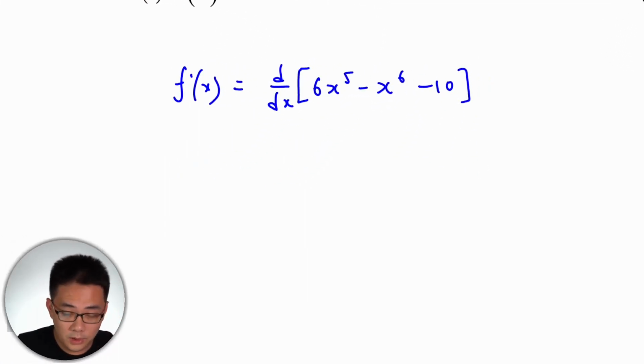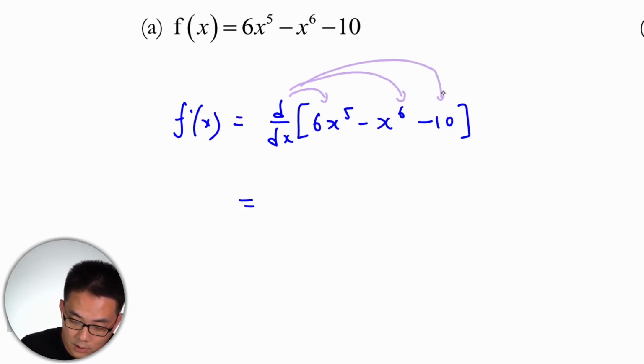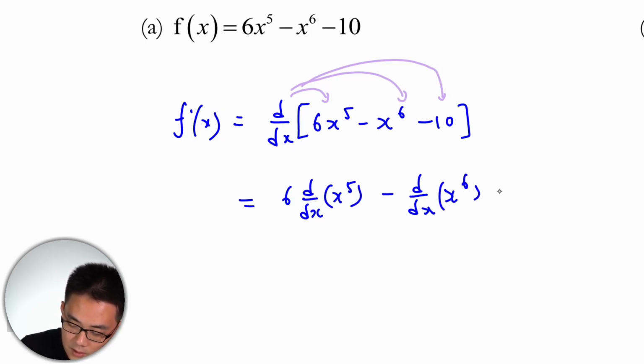Alright, so what you're going to do is you could just separate this out, just distribute it out like what you usually do with your algebra. So this would be 6 d/dx x^5 - d/dx x^6 - d/dx 10.